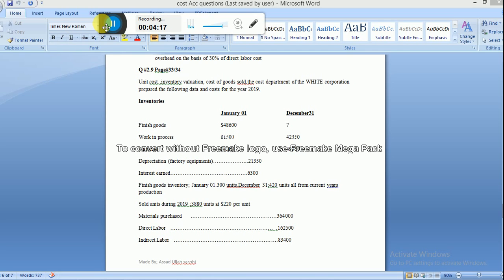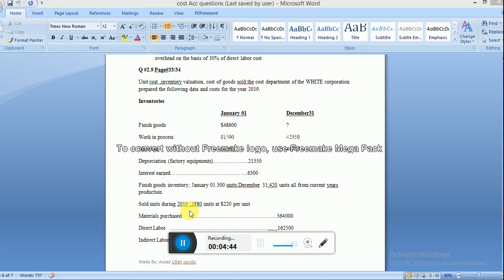Sold units during the year 2019 are 3,880 units at a unit sales price of 220 per unit, which means the selling price is $220. Clear?